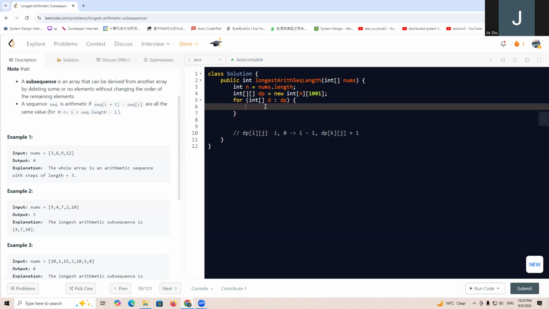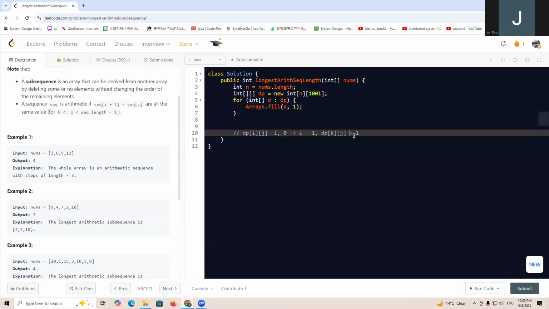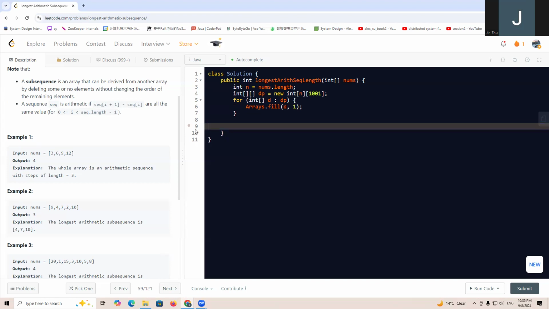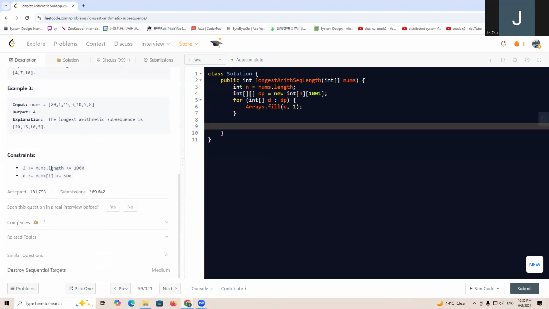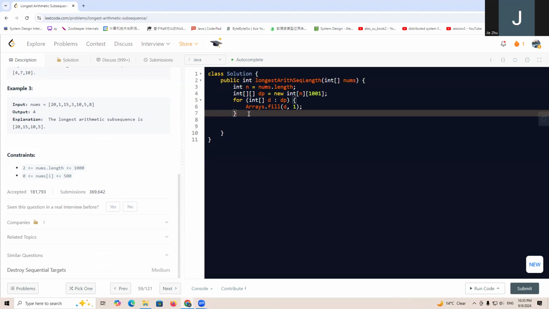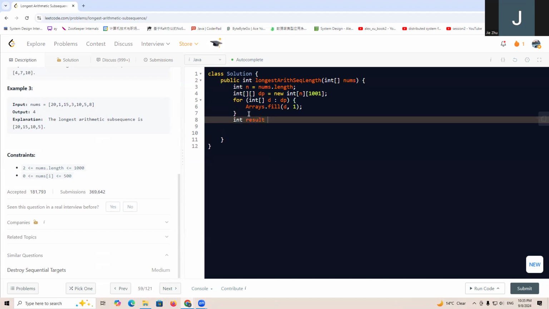So we set it to 1. The array length is greater than or equal to 2, so if the array has 2 numbers, the minimal result should be 2.